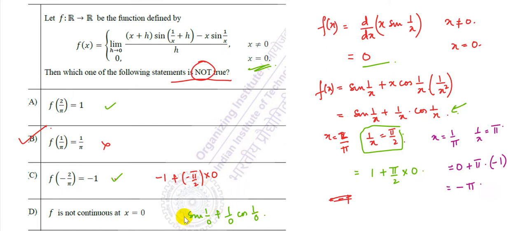So sine of 1 by 0 will be a number between minus 1 to plus 1. Similarly, this will be a number between minus 1 to plus 1, and this expression will tend towards infinity. So that means the expression of f(x) as x tends to 0 will not be equal to 0. So therefore it is not continuous at x equal to 0 is correct.